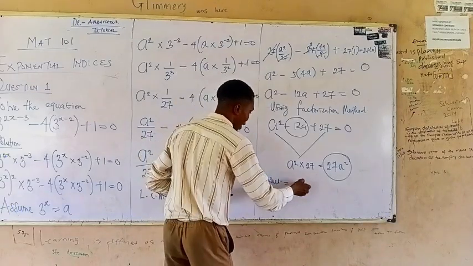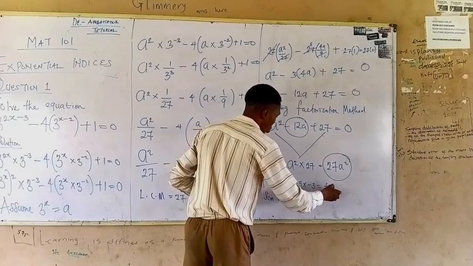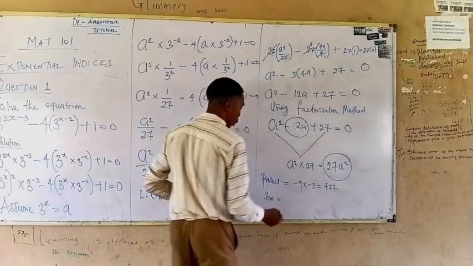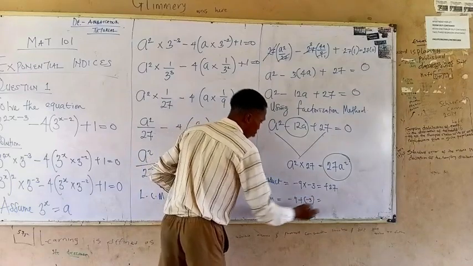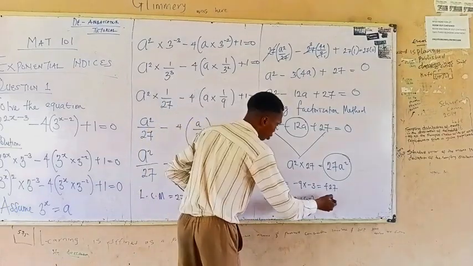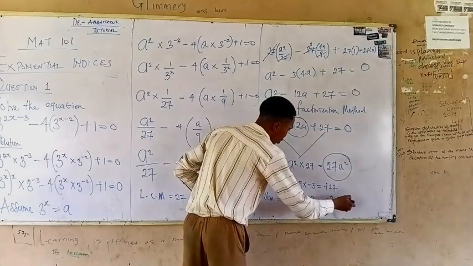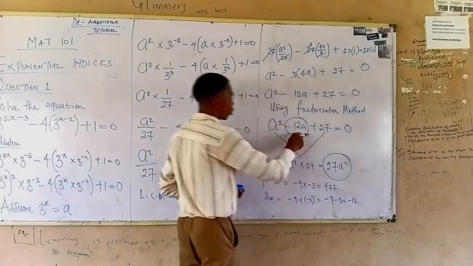When I have minus 9 times minus 3, I'm going to have it as plus 27, which is here. And when I have minus 9 plus in bracket minus 3, remember that plus times your minus is also known as minus. Minus 9 minus 3, and that's equals to minus 12, which is what we have here.